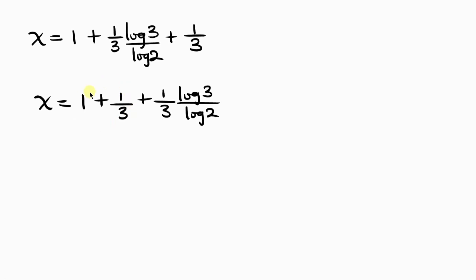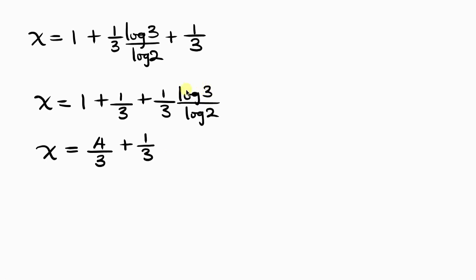So let's simplify what we have here. So x now becomes 3 times 1 is 3 plus 1, that's 4. So 4 over the denominator 3 plus 1 over 3.